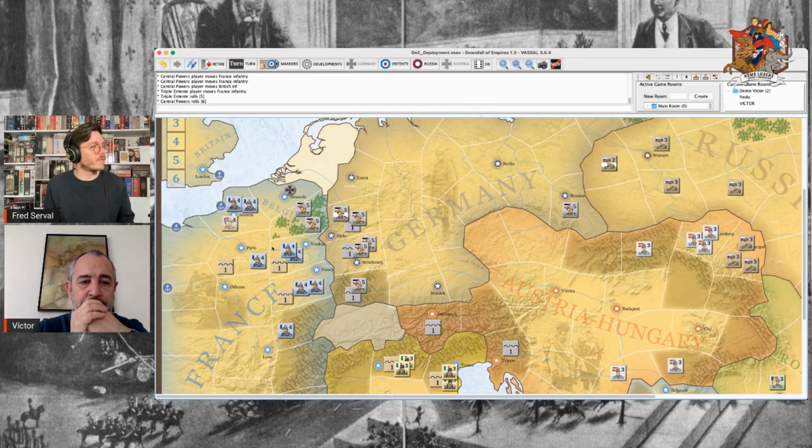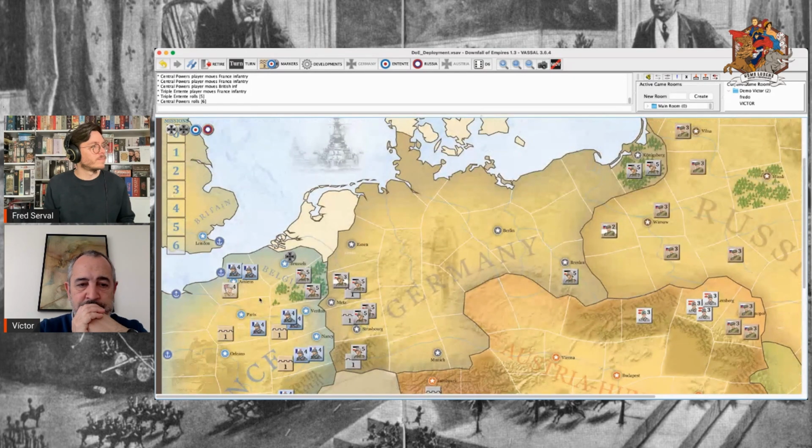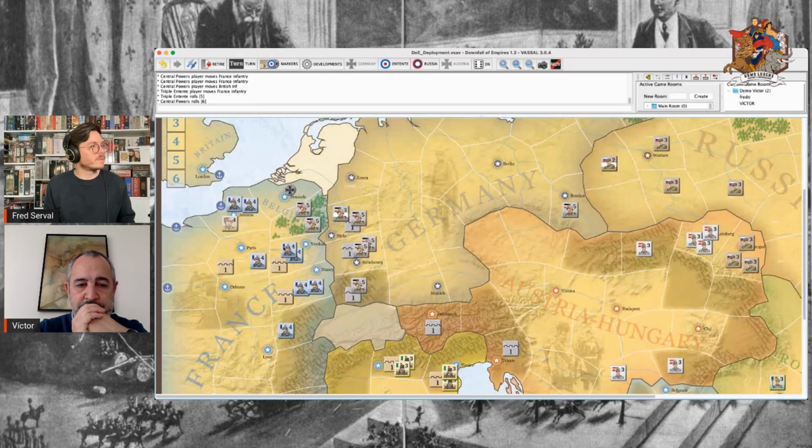So I would have to move from Verdun to do 1, 2, and then 3, 4. But that would leave, so 1, 2, 3, 4. Yeah, and that would delete that.